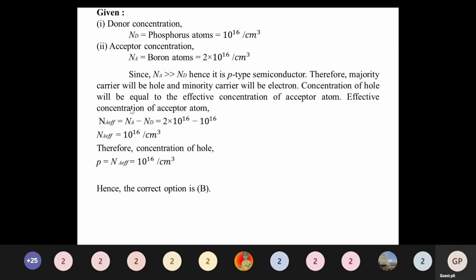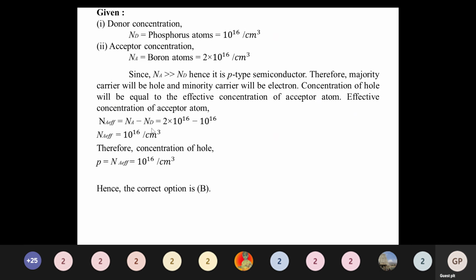The concentration of holes will be equal to the effective concentration of acceptor atoms. Fully ionized means the hole concentration equals the effective concentration of acceptor.